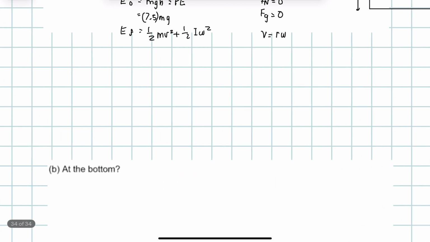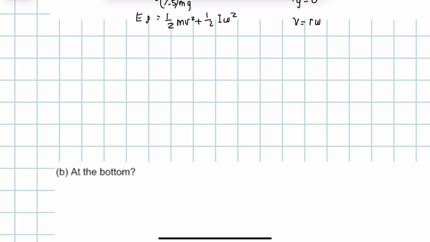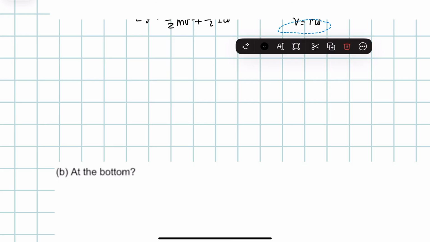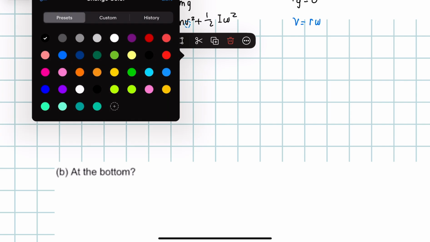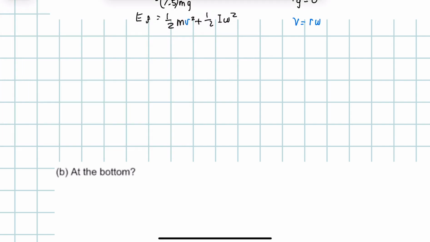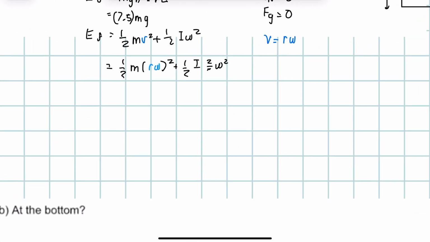So we want to sub that in. We're going to have 1/2 m times (r times omega) squared, plus 1/2 times I, 2/5 mr squared, times omega squared, because that is the formula for the inertia that we have to know.